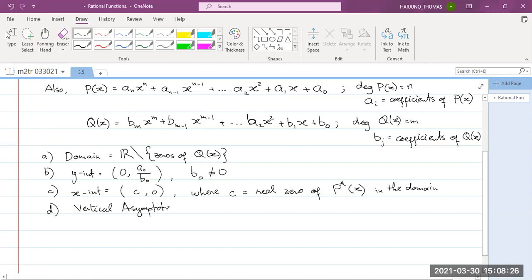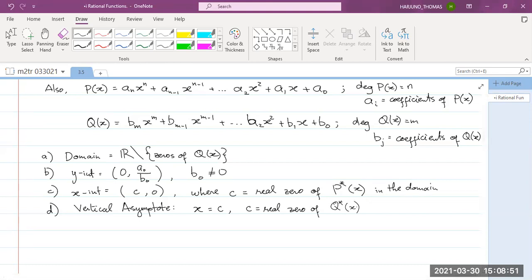Vertical asymptote, that's a vertical line, so it is x equals C, where C is the real 0 of Q star x. Okay, the denominator becomes 0. And that's the vertical asymptote.